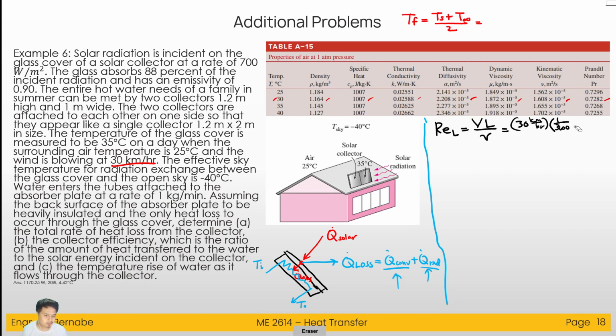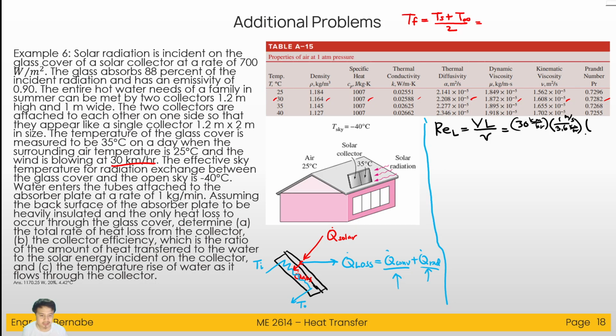I'll just use 1 over 3.6 to make things more compact. 1 meter per second is equal to 3.6 kilometers per hour. I think this is pretty clear.